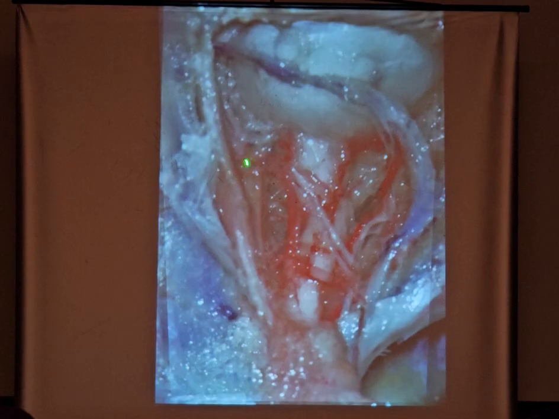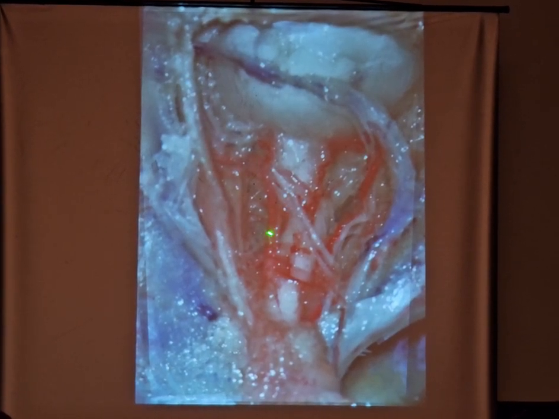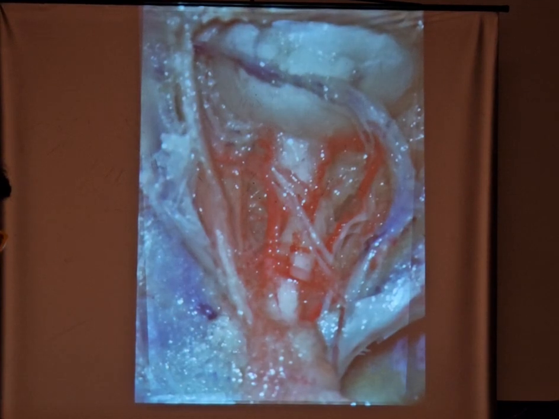This artery will pass classically between the superior oblique muscle and the medial rectus muscle. And in the third part, before the end, we will give off the two anterior and posterior ethmoidal arteries.